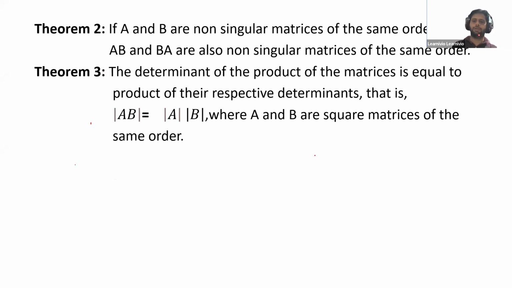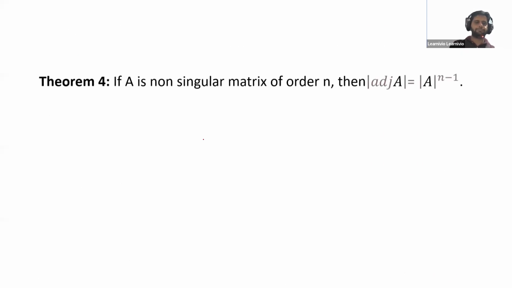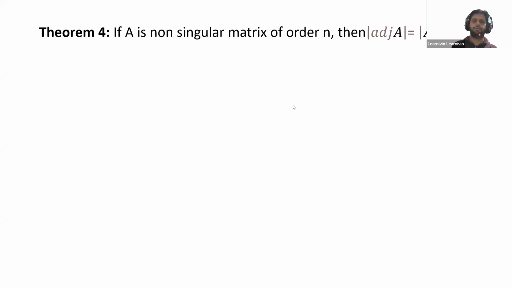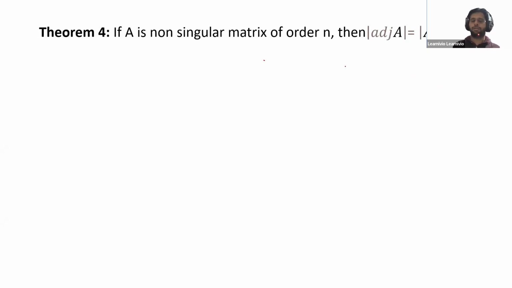If A and B are square matrices of the same order. Now, next property. If A is a non-singular matrix of order n, then the determinant of adjoint of A is equal to determinant of A to the power n minus 1. We will do the proof of this. Proof.